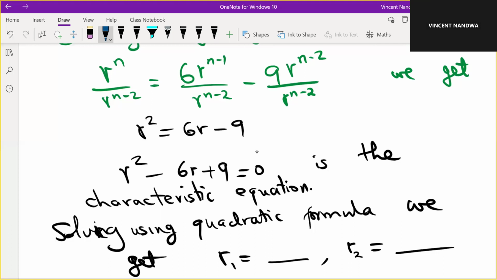R1 equals 3, and R2 also 3. So this is a case of a repeated root.